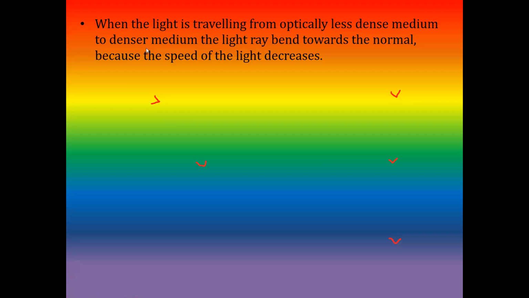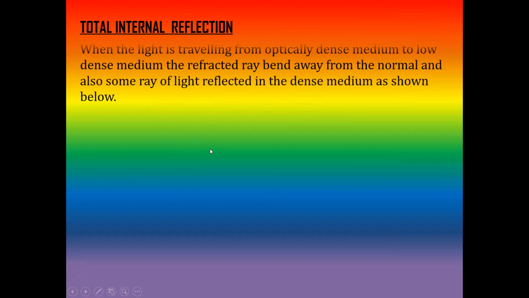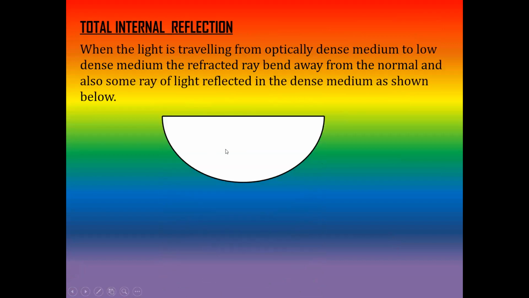The next topic is critical angle and total internal reflection. What is the concept of total internal reflection? For example, there's a light which is passing from glass to air. What we observe is that some of the light is refracted and some of the light is reflected.